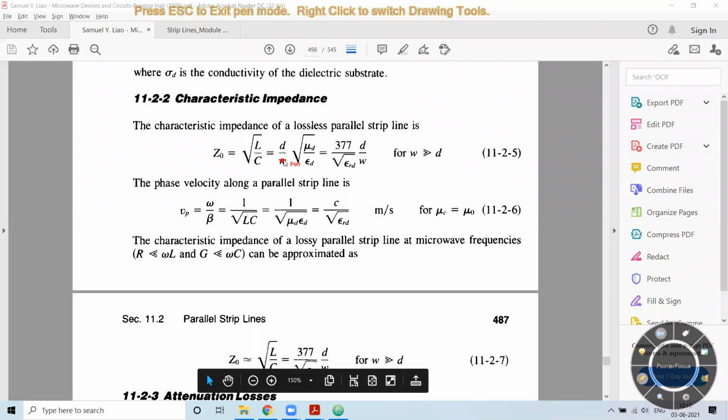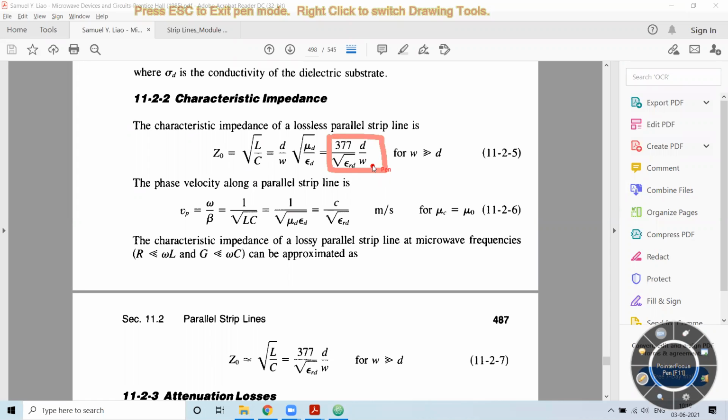So when I substitute L and C from the above equations and simplify it, I'll be getting the characteristic impedance, which is given by this equation, which is 377 divided by square root of epsilon rd into d by W. Again, observe this. This is the relative permittivity of the dielectric.